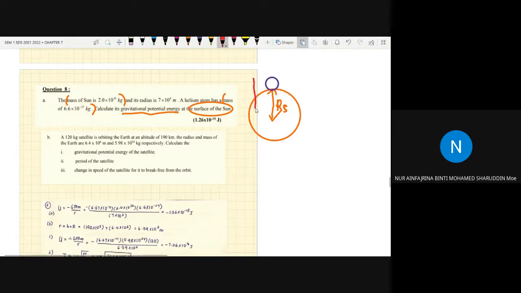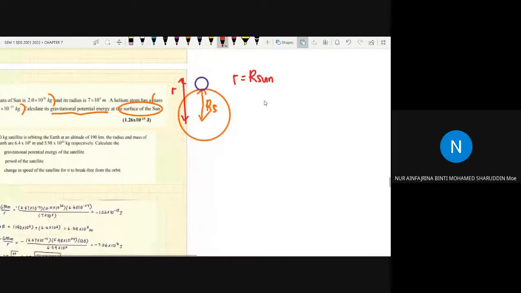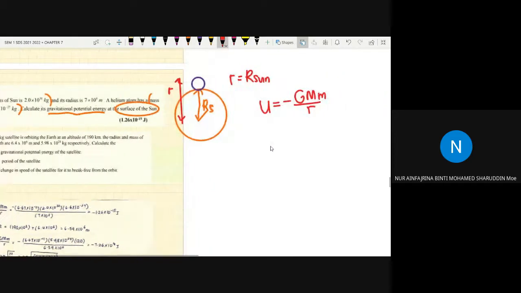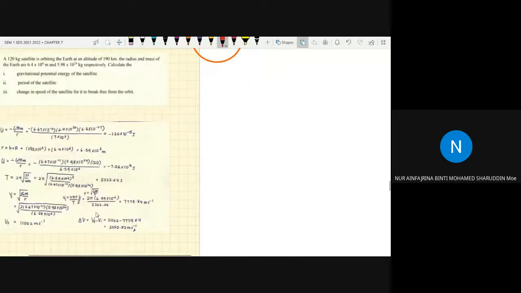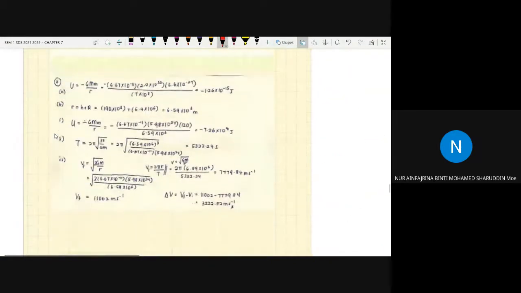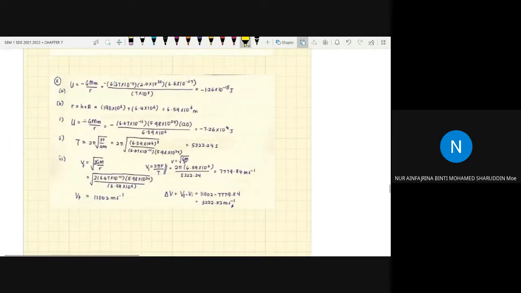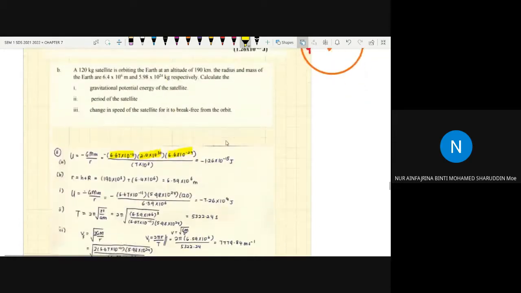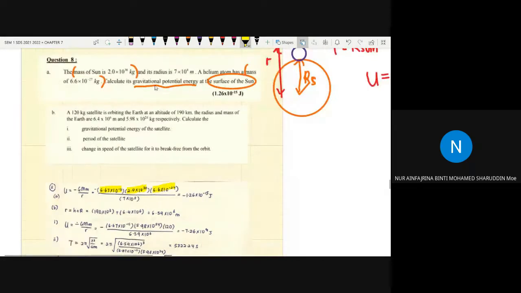So the R here will be equal to the radius of the sun. So what you need to do is put it into the gravitational potential energy formula, which is U equals negative GMm over R. When you put it in, you will get the value. Look at this, Miss won't write it out. Okay, look here. Do you see that G is 6.67 times 10 to the power of negative 11, then the mass of the sun is 2 times 10 to the power of 30, and then the mass of the helium is 6.6 times 10 to the power of negative 27, and the distance is the radius of the sun, which is 7 times 10 to the power of 8 meter.